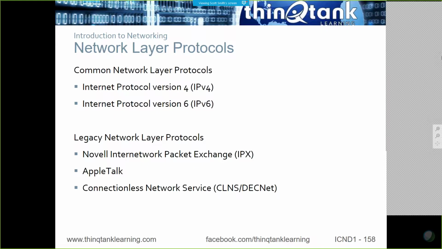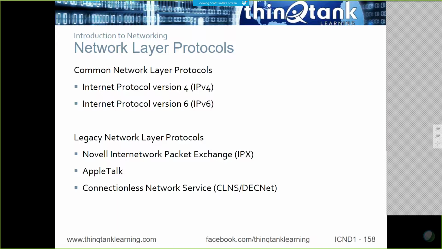Two protocols that we see at this layer, IPv4 and IPv6. We used to have some other protocols like Novell's Internetwork Packet Exchange Protocol, or IPX, AppleTalk, and the Connectionless Network Service, or what we refer to as DECnet. But in reality, we only have two protocols that function at this layer, IPv4 and IPv6.